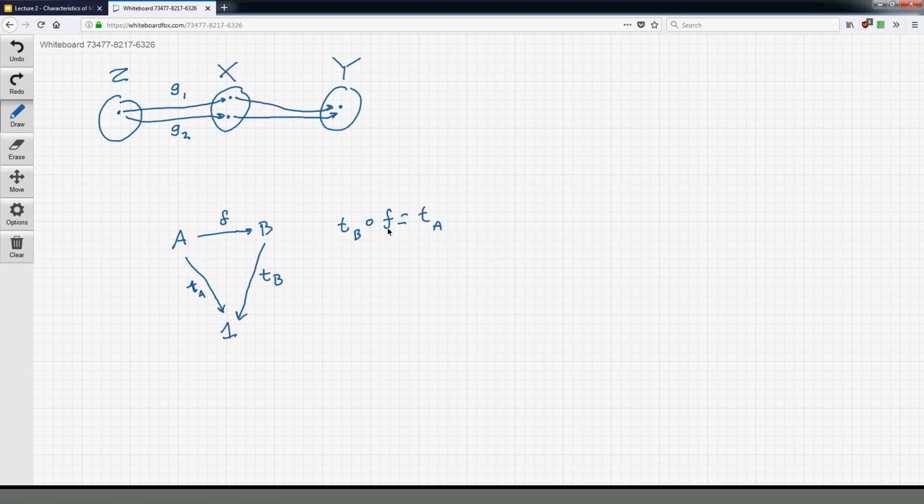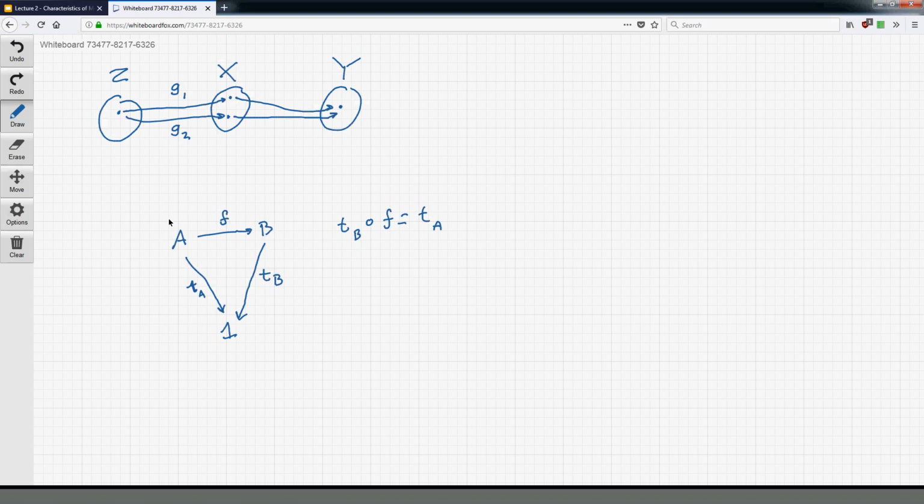So that's a law, and whenever we draw this, it's called a diagram, and I'll get into the more rigorous definition of a diagram in a later lecture. But for now, just think of it as looking at a little piece of a category. So I'm just drawing two arbitrary objects and morphisms, and we're just looking at a little piece.